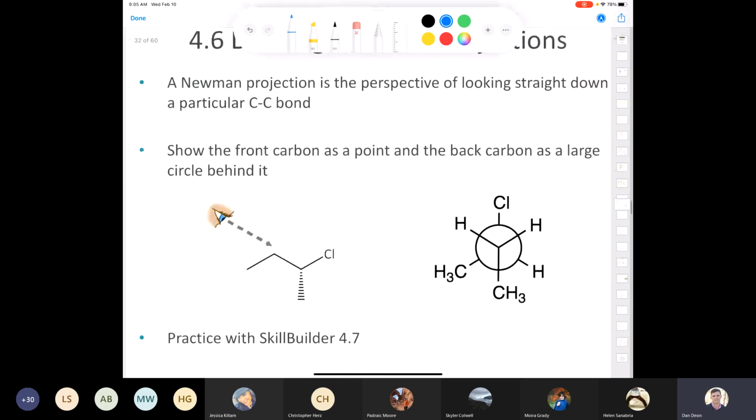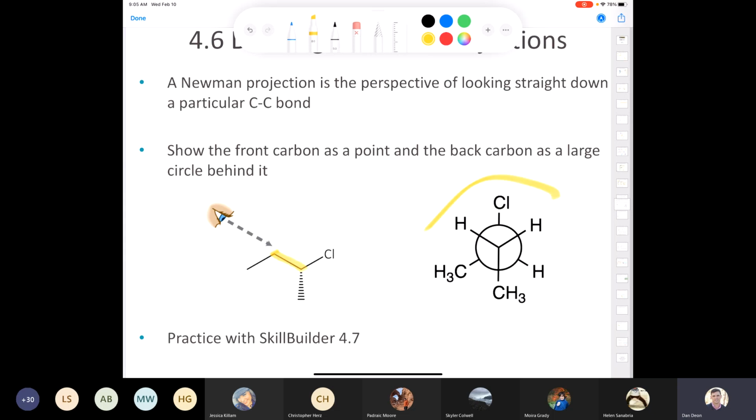So a Newman projection is the perspective on looking straight down a particular carbon-carbon bond. All right, so if we're looking down this carbon-carbon bond, the viewer is looking down, you can see their eyelash on the top. So the carbon-carbon bond is this one here, going from this carbon to this carbon.